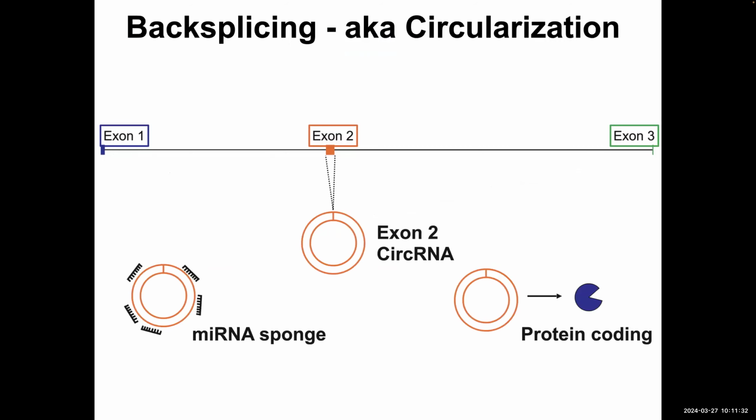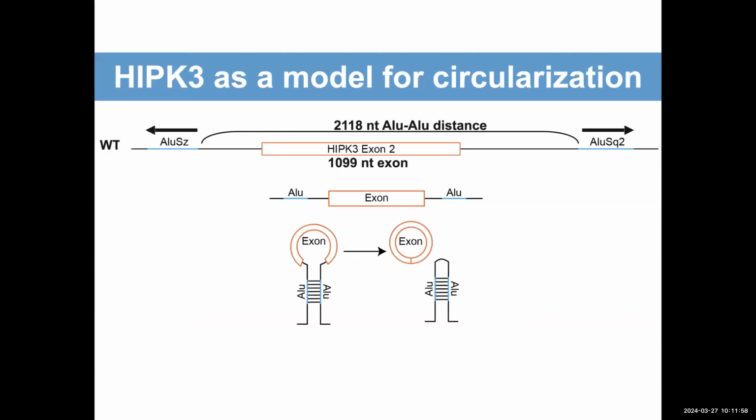But sometimes, instead of the 5' splice site splicing into the 3' splice site over here, you get back-splicing and the formation of a circle. It turns out this mechanism is often mediated by long-range base pairs. Circles have different functions as well, but at least this is a function we can read out.